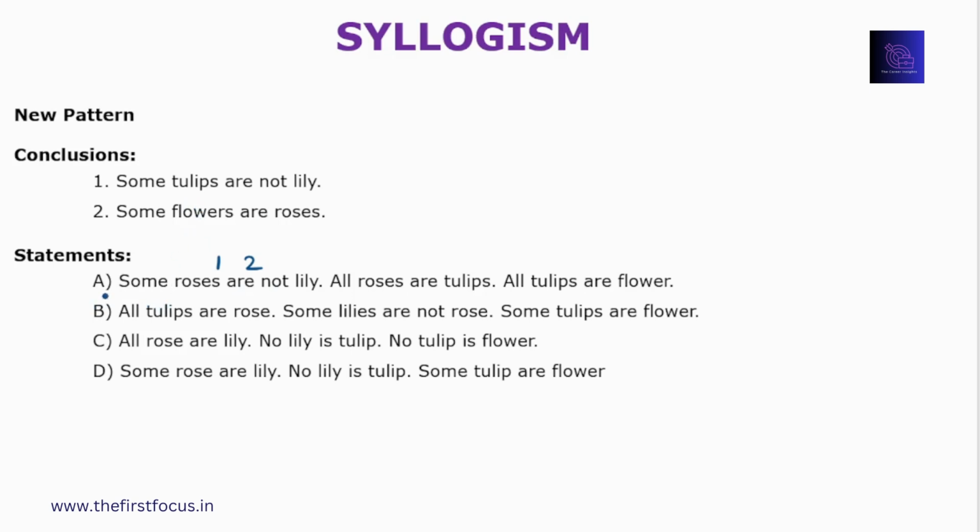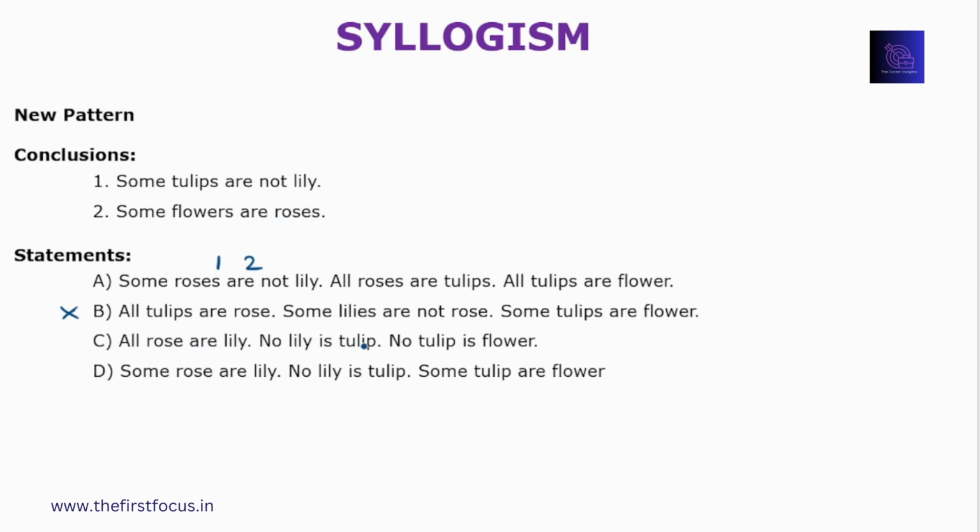We have to check the second statement. All tulips are rose. Some lilies are not rose. Some tulips are flower. Yes, all tulips are rose. Some tulips are flower. Then this doesn't satisfy the second conclusion. So this doesn't come. All rose are lily.